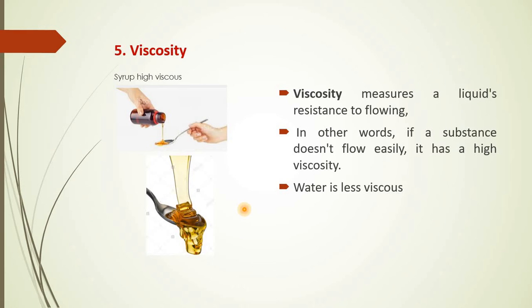The best example is any syrup, honey you can say. When you try to drop these, they will not show free movement on the surface. Whereas if you drop water, it will immediately start flowing. The reason is water is less viscous as compared to syrup or honey or oil, right?